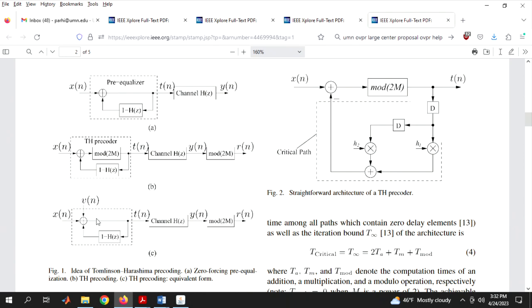So I can say, okay, this V n is whatever the quotient was when I divide by 2m. There's a quotient, there is a remainder, and the remainder is T of n, whatever the quotient was.